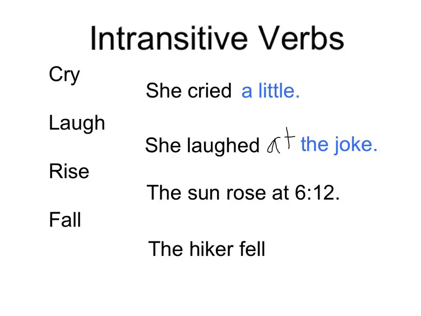And for the verb fall, we could say the hiker fell. Could you say the hiker fell the mountain? Hopefully you said no. What's missing? A preposition. So to make this a prepositional phrase, we could say the hiker fell down the mountain.